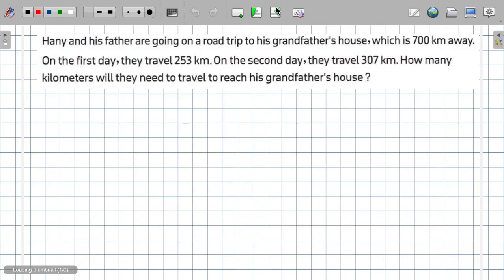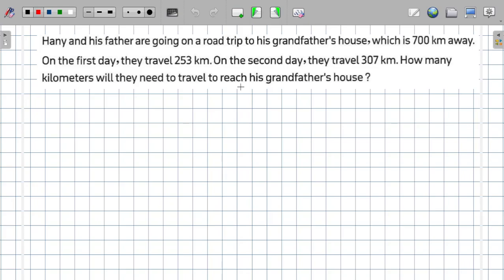The second question with us today is: Hani and his father are going on a road trip to his grandfather's house, which is 700 kilometers away. On the first day, they travel 253 kilometers. On the second day, they travel 307 kilometers. How many kilometers will they still need to travel to reach his grandfather's house?